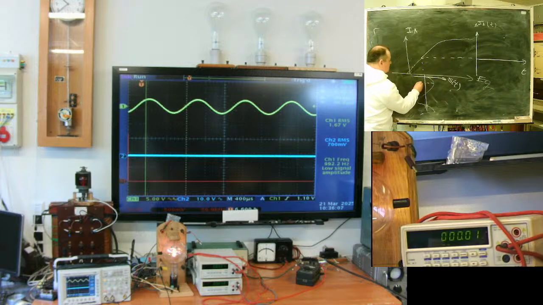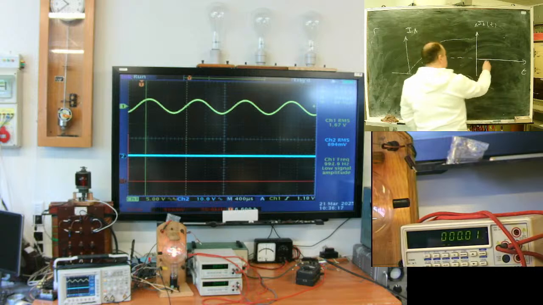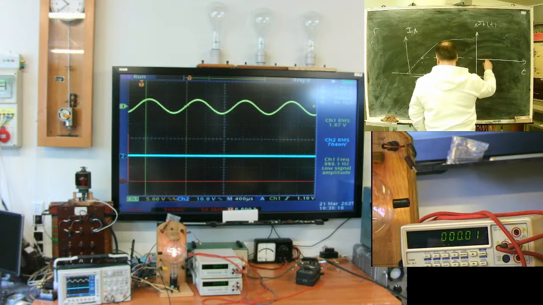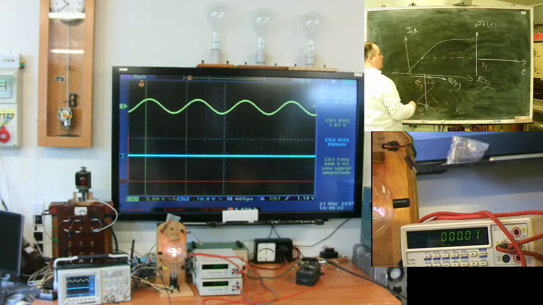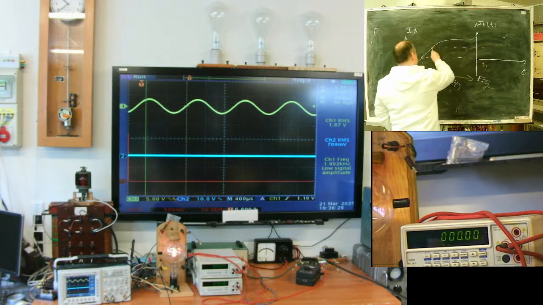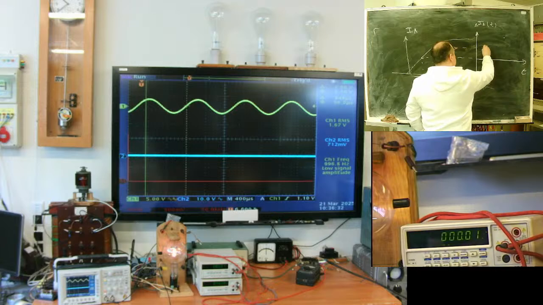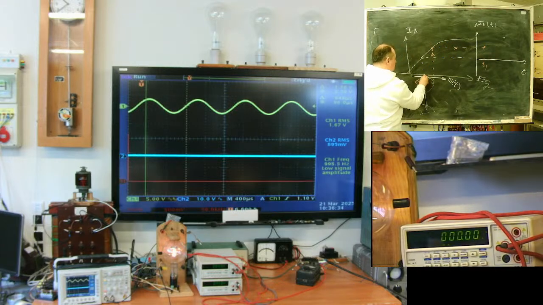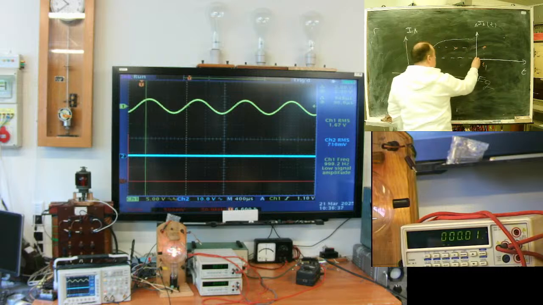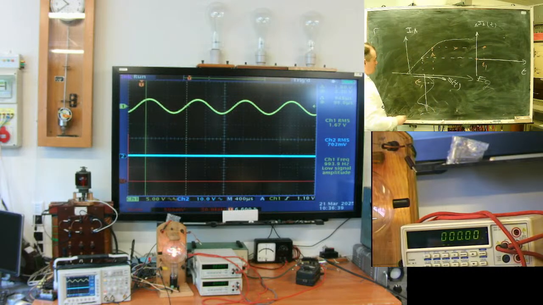Let's say I'm in time T1. I should mark here T1. What will happen? This is T1, okay. This is 0. 0 corresponds to 0. What about this point? T2.